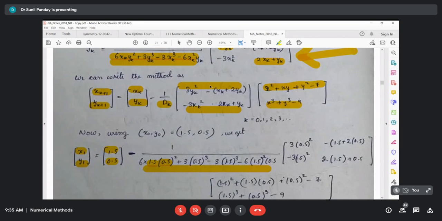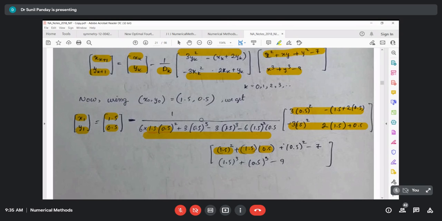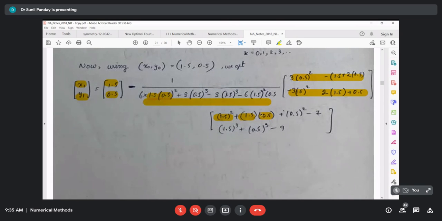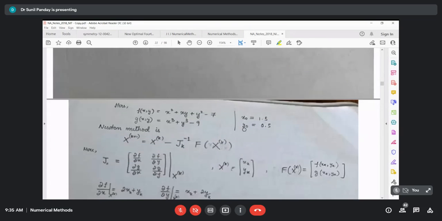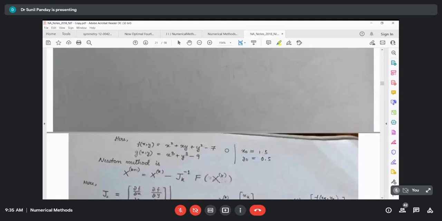Now the matrix is also evaluated at the point x naught y naught, wherever x k y k we have substituted, and then the function values at x naught y naught: x naught square plus x naught y naught plus y naught square minus 7, like this. After simplification and matrix multiplication, you will get the value of x1 y1.